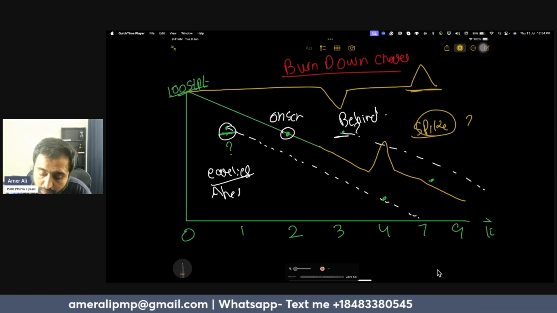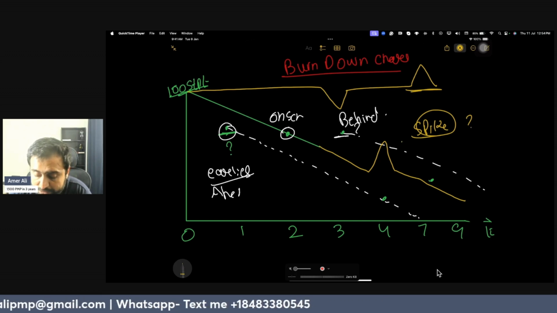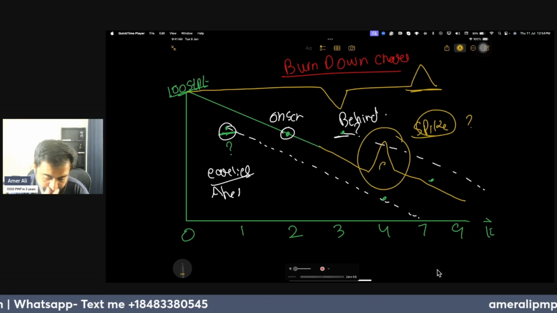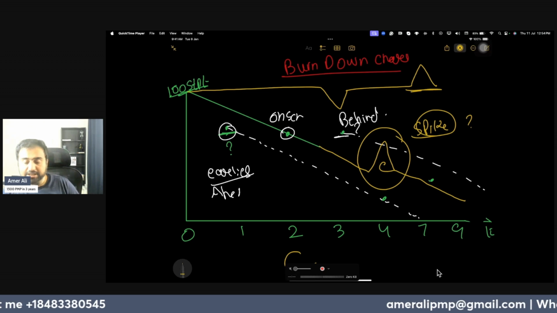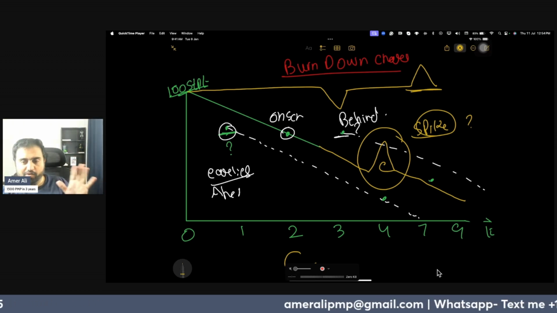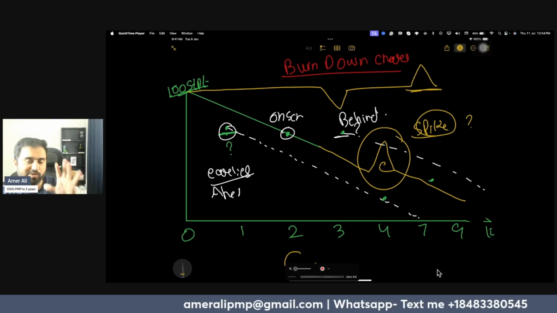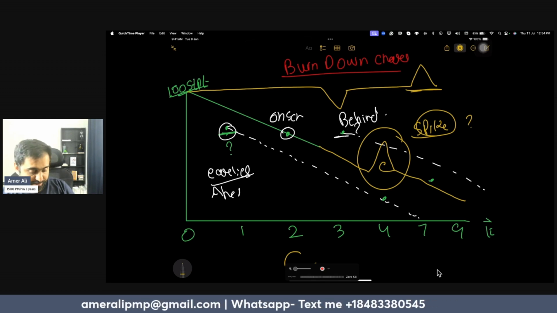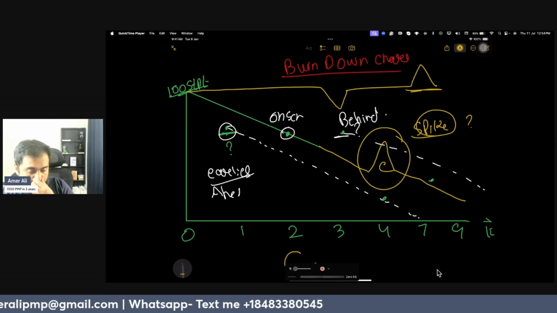So you will straightforward go, and let's say this is point C, you will say C. Does that make sense to everybody? Now I hope nobody ever gets a question wrong on information radiator. So now let's go with the question.